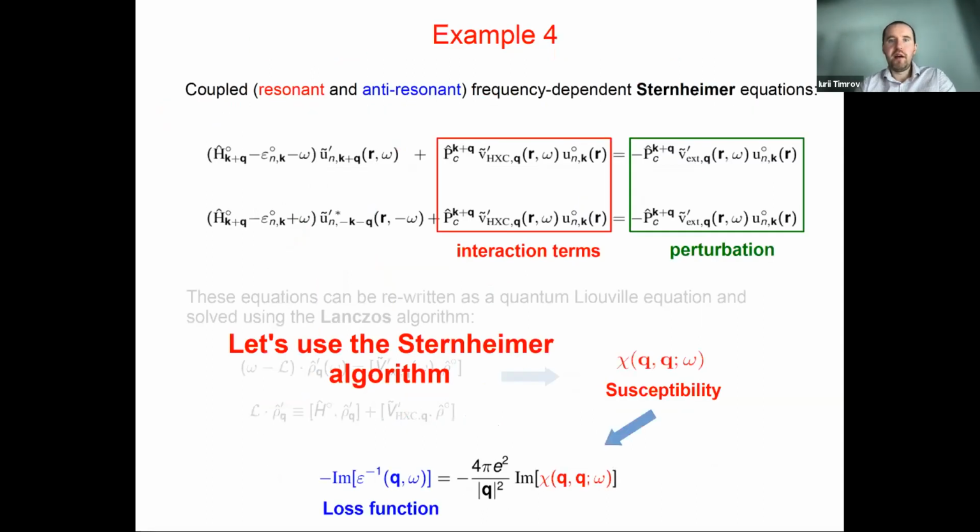Okay, and now we have the last example. Now we have just little time left. So we have example 4, which is the most complex example of the whole school. This is so because the implementation of the Sternheimer algorithm is very recent. As I said, Oscar implemented it, I think it was last year or more.